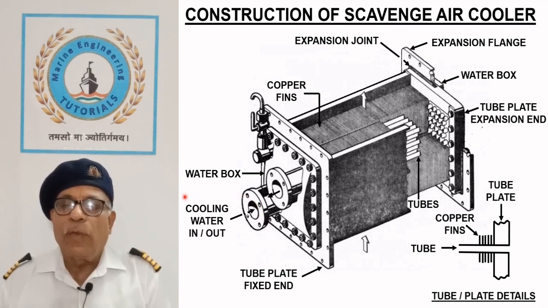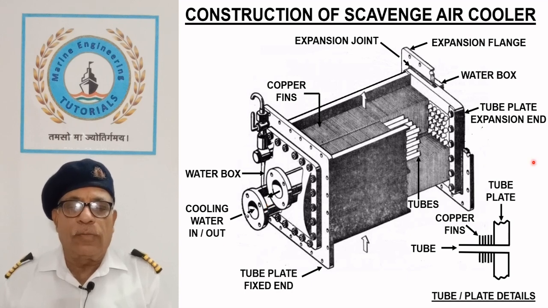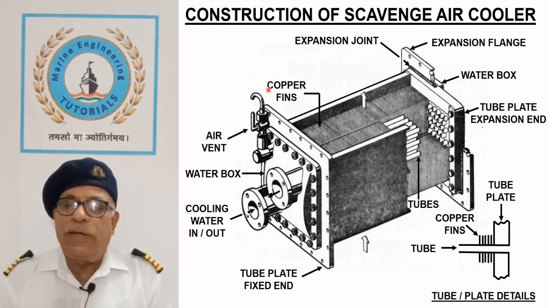Cooling water enters the front water box through the lower connection, passes through the lower tube bed, takes a turn at the rear water box, flows through the upper tube bed, and leaves the front end cover from the upper connection. An air vent is provided on the front side water box to displace trapped air.